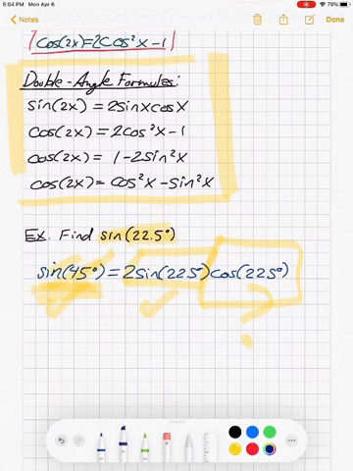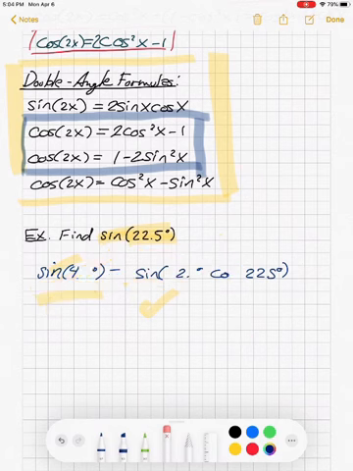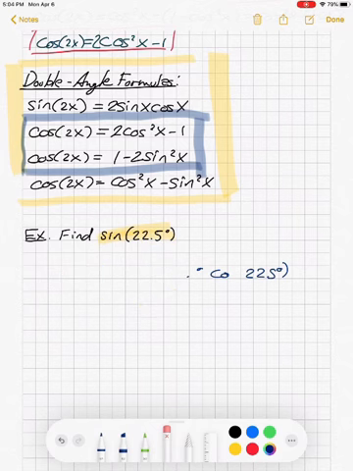So if you look up at the formulas, for this type of problem I'm always going to be choosing between these two formulas. Look at what happens. Which one am I going to use?